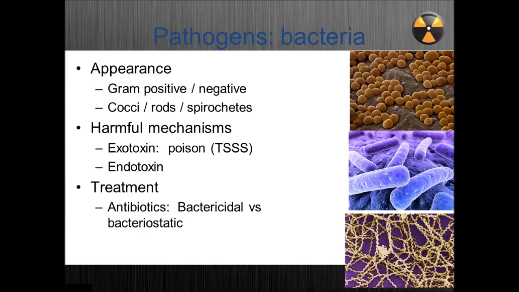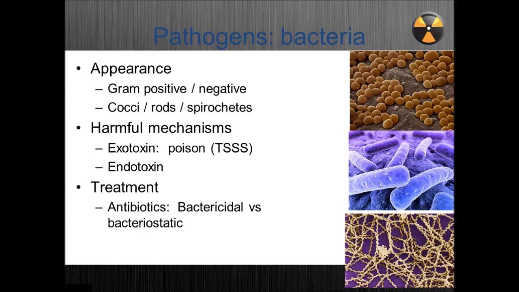But most of the time, these bacteria will develop poisons, and it's that poison that leaks out from the bacteria that causes problems in our body. And so what we do is we have antibiotics that come in and try and get through the wall of those bacteria and kill the bacteria.